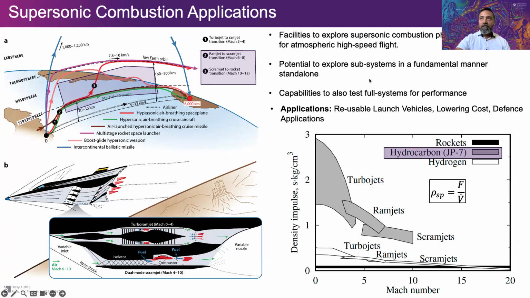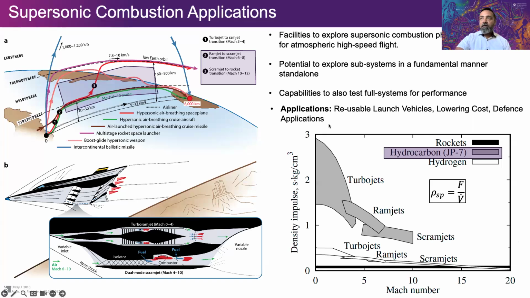It also has to have the ability to explore subsystems. So many times it won't just be a full vehicle you're testing. You'll probably look at how the fuel injection happens, how the combustor works, and so on and so forth. So for all of that, you need the ability to design experiments and go into such facilities. And finally, of course, you also need the ability to test the full vehicle or the full engine so that you can ascertain its performance under its operating conditions.